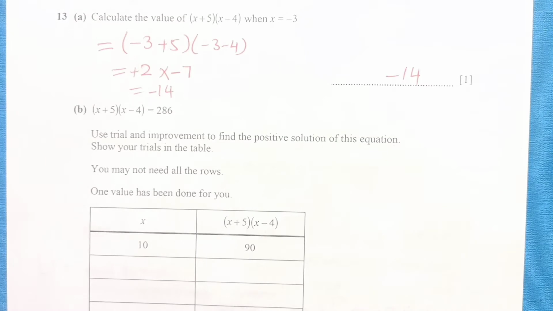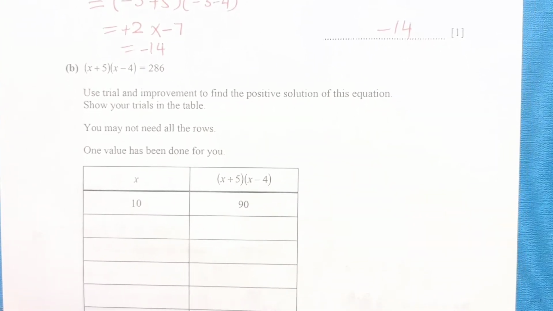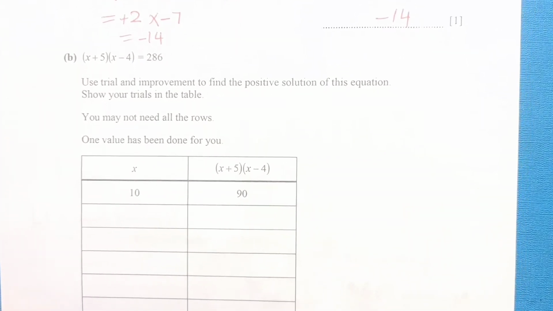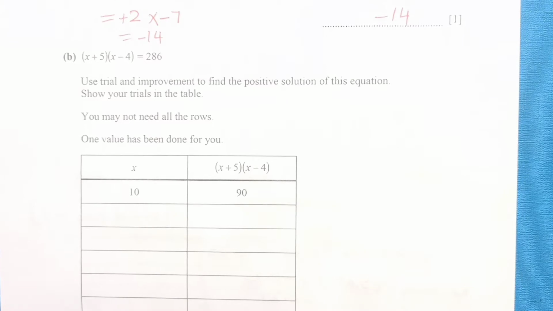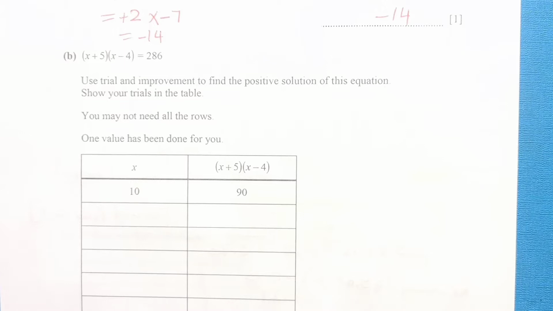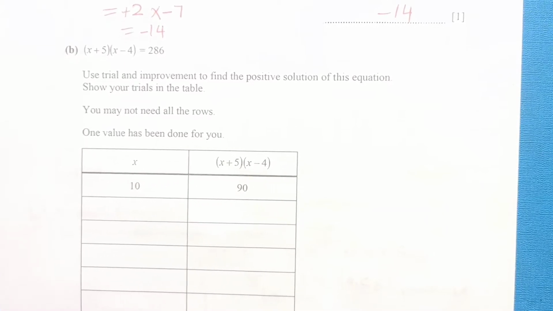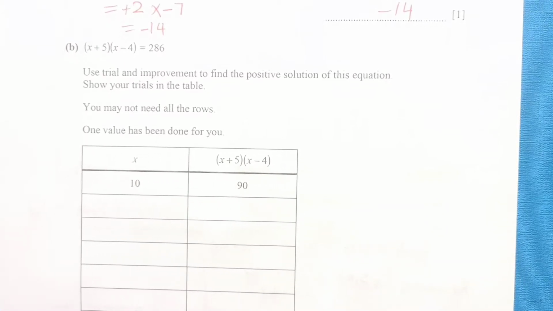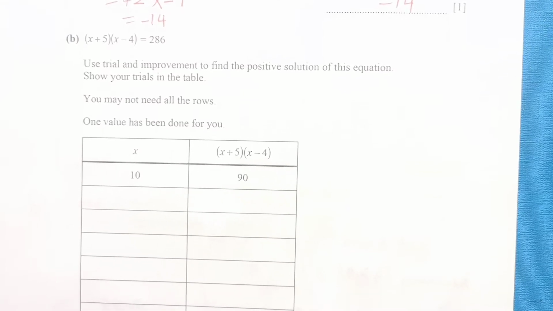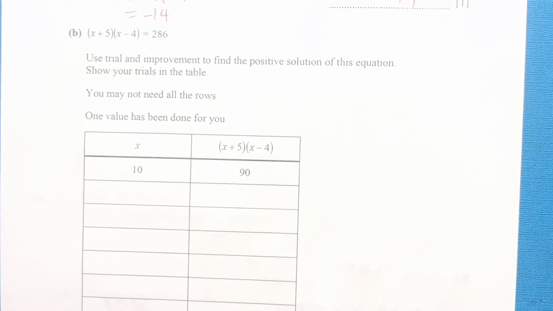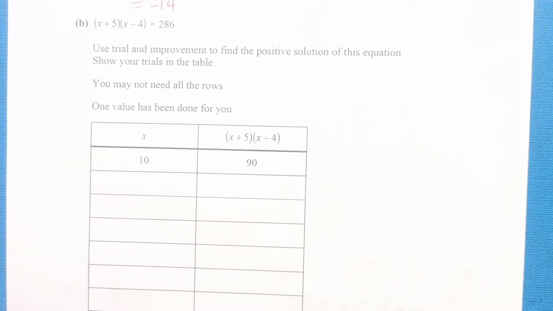Now part B, (x plus 5)(x minus 4) is equal to 286. Use trial and improvement method to find the positive solution of this equation. Show your trials in the table. You may not need all the rows. One has been done for you. So we can take the values one by one.